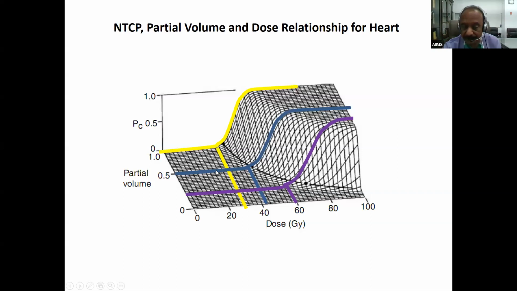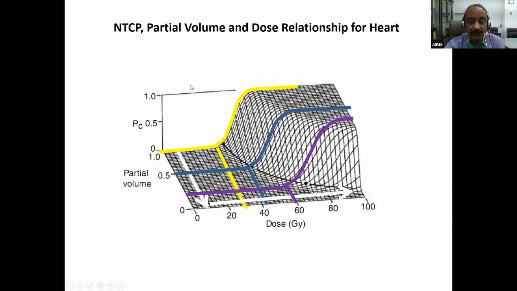So this is just showing the effect of volume on normal tissue complication probability and on the safe dose which you can deliver to these organs. And it suggests that as the partial volume decreases, the safe dose which you can deliver to the organ can increase.